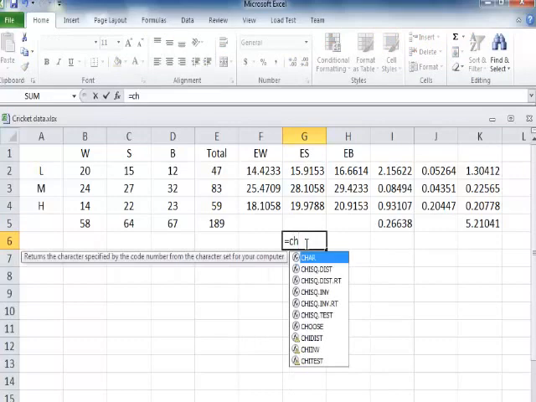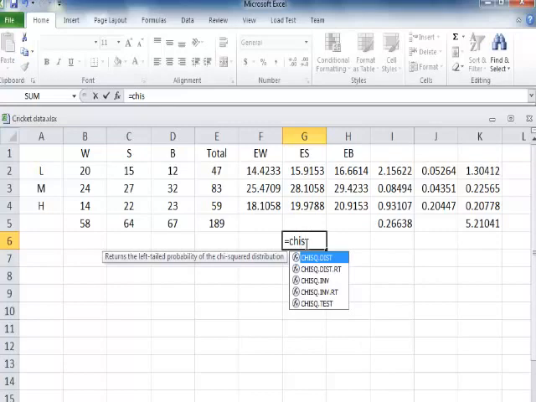Chi-square dot inverse should be the one. Chi-squared chi-sq. Chi dist, huh? And chi inverse. Okay, let's look at chi dist.